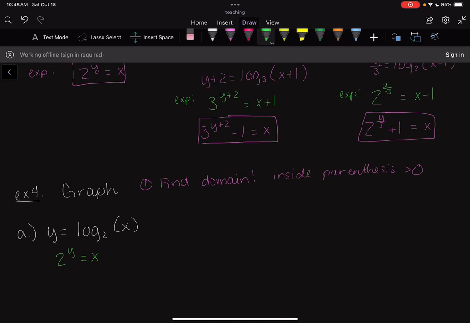What about a negative number? Is there any exponent you could put on 2 for it to equal a negative number? Again, can't happen. That's why the inside of your parentheses has to be greater than 0.